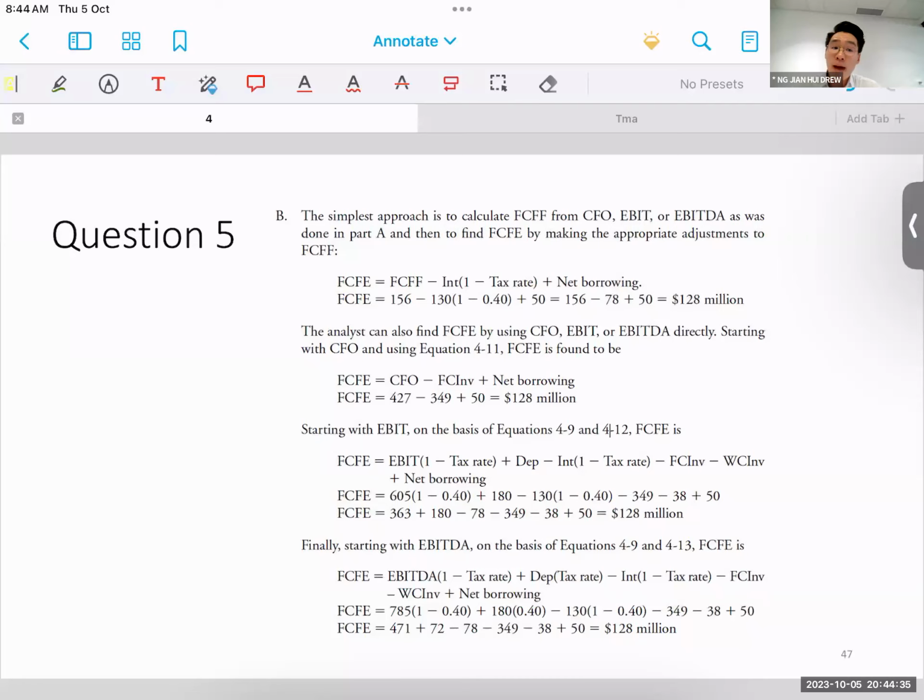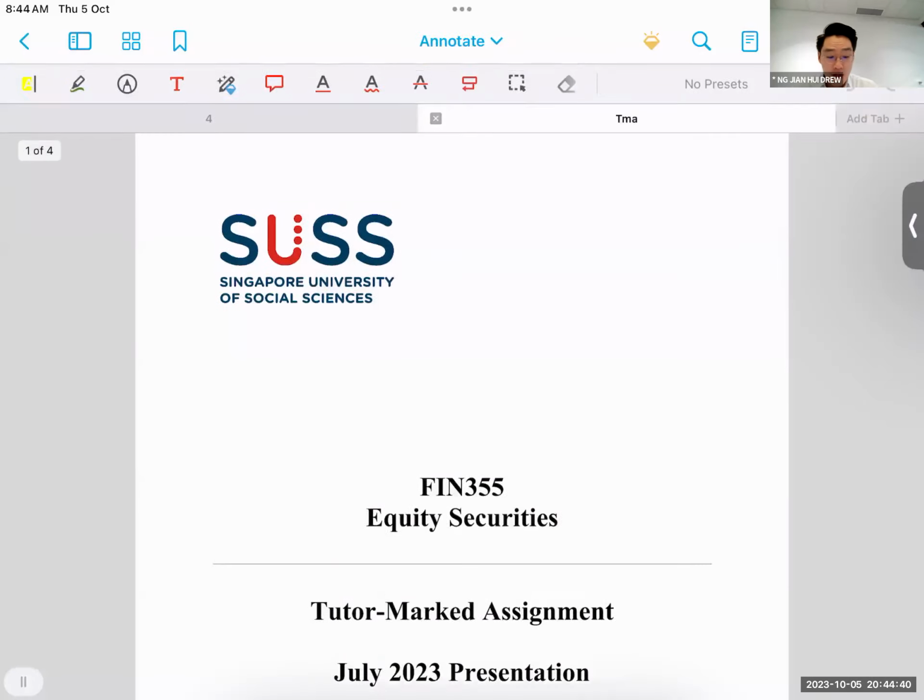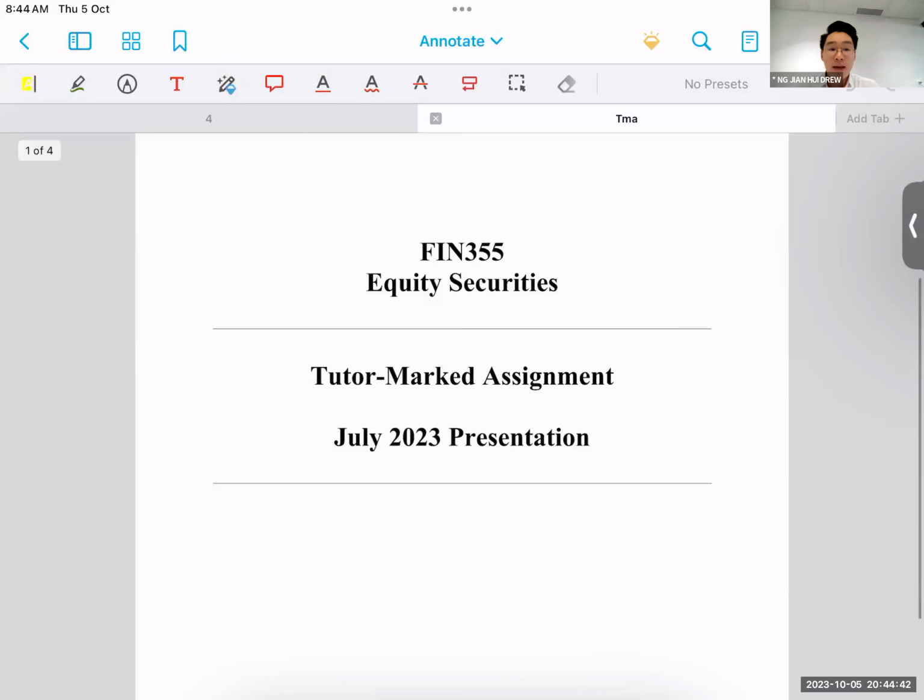At the same time, there are some comments. If you do have any questions, now will be a good time. After the break, we'll go through the TMA as a good learning process for valuation. So we'll take a 10 minutes break and come back at 8:55, and then we can answer any questions regarding the TMA.